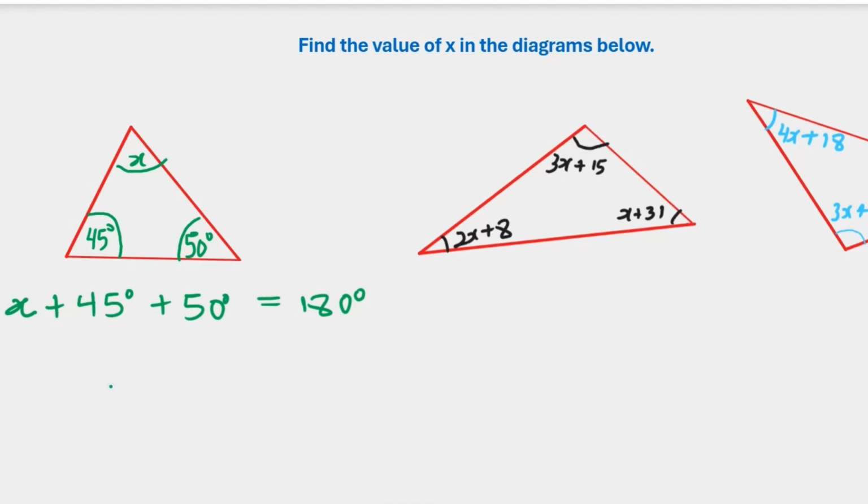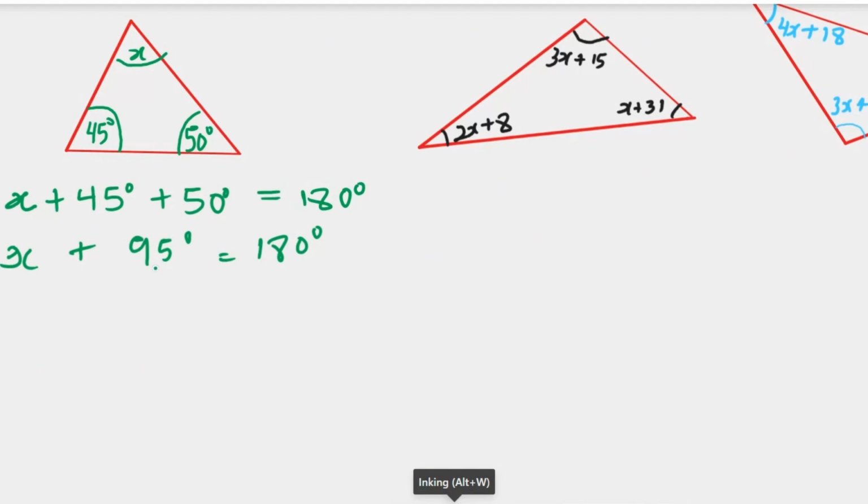So that's the property that I've stated here. From here, it becomes an equation which we have to simplify to find the value of x. So we have to simplify 45 and 50. So we have x plus 45 plus 50 equal to 180 degrees. We're going to subtract 95 from both sides so that we can find the value of x.